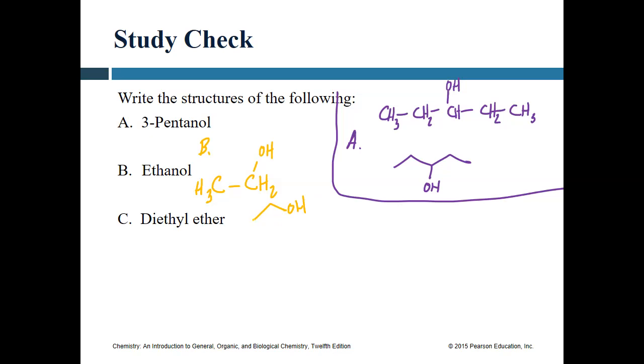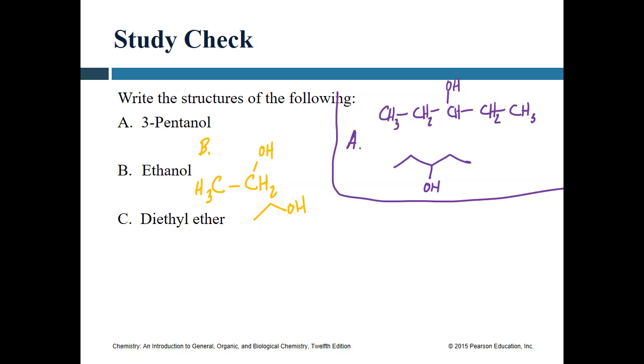In skeletal notation, I've got my 2 carbon chain here. That branch off with the OH would be the alcohol group. If it had 4 carbons, we'd have to have a number to tell us where it was, if it was on 1 or if it was on 2.